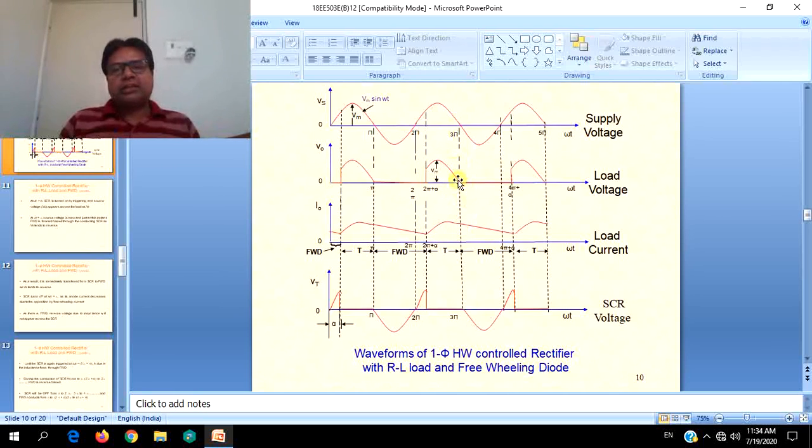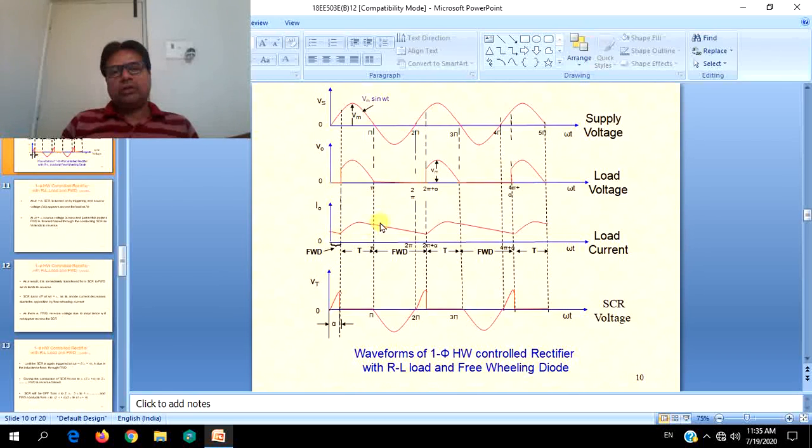Again at 3 pi, forward voltage becomes 0, but current still continues to flow in the forward direction and gradually decreases to the lowest possible value at 4 pi plus alpha. So as this is a continuous cycle, in this period during this 0 to alpha, which will be a continuous period of this waveform, it might have been flowing through the freewheeling diode.